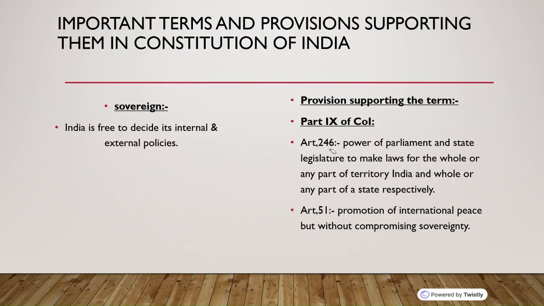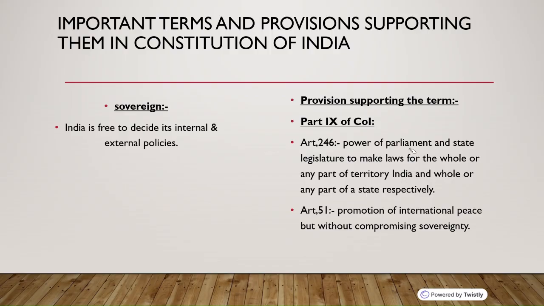Article 246 reads as power of Parliament and state legislature to make laws for the whole or any part of the territory of India, and the whole or any part of the state, respectively. So for any part or the total territory, the Parliament can make laws, and the state legislature can make laws for the whole or any part of the state.